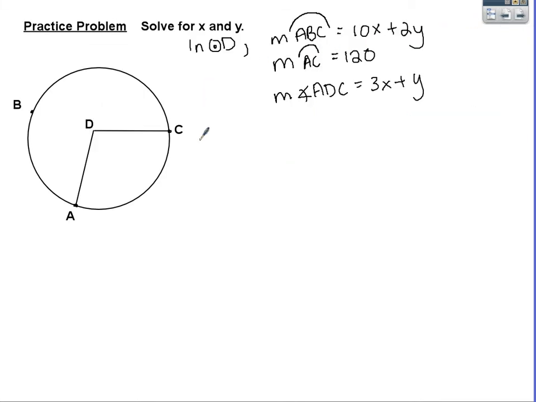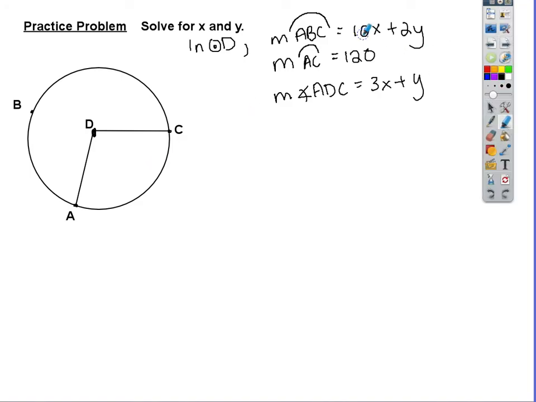In this problem it says, in circle D, so that helps me know that this is the center, meaning CDA is a central angle. The measure of arc ABC is 10x plus 2y. Ooh, I was given a number.